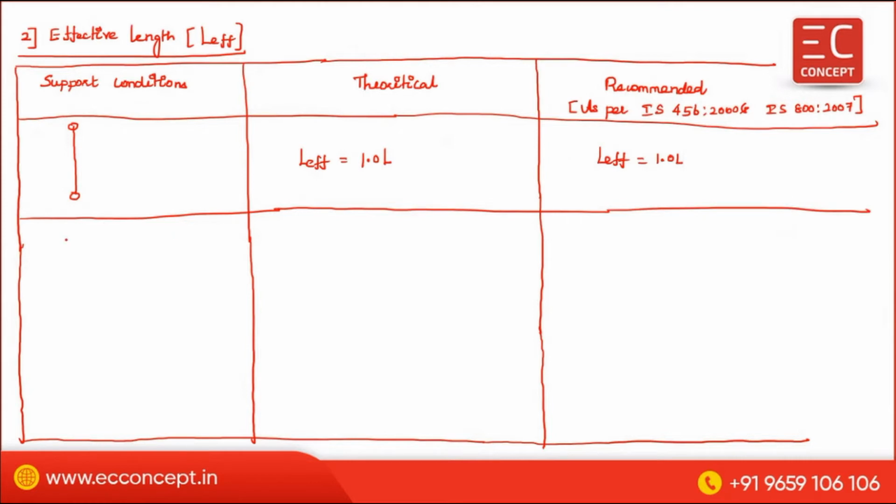Second one is one end fixed, other end hinged. For this case, L effective is equal to 0.7 L, but L effective recommended as per code is 0.8 L.